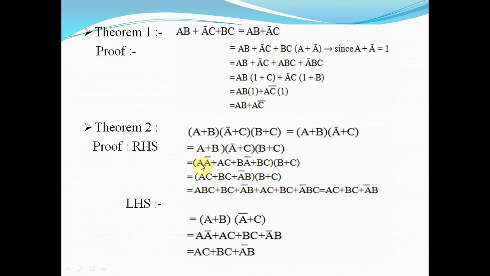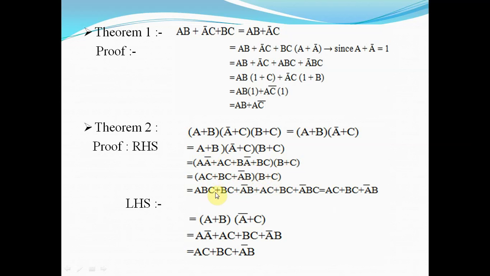By neglecting these terms, A into A bar becomes 0. What will remain? AC plus BC plus A bar B, and the bracket is B plus C. Again remove the parenthesis.